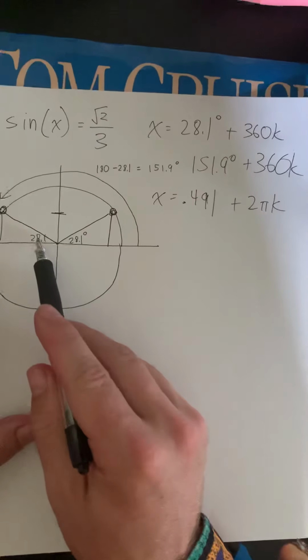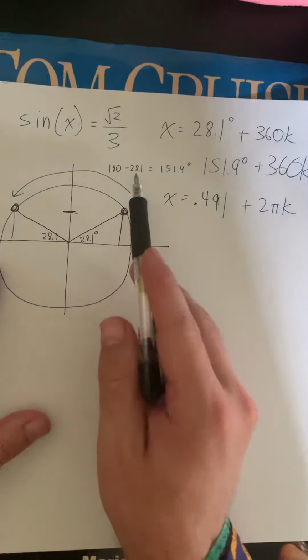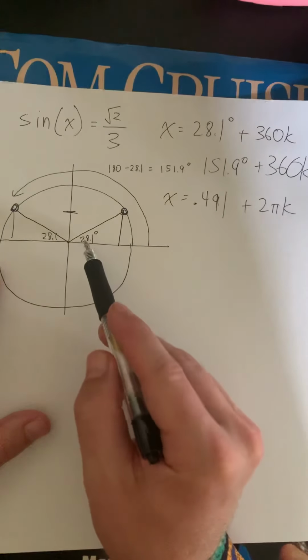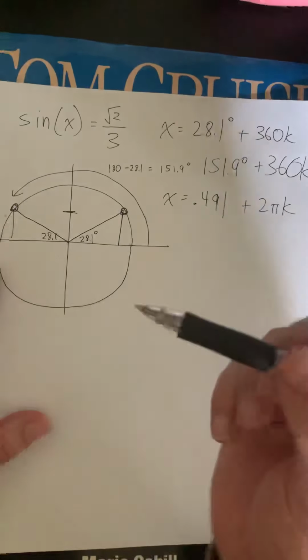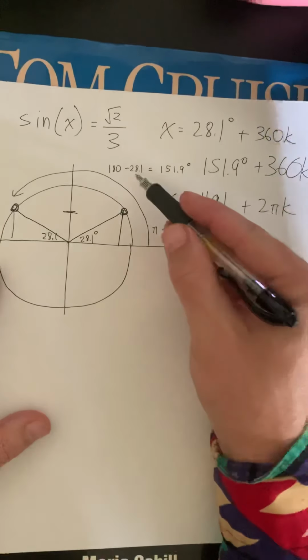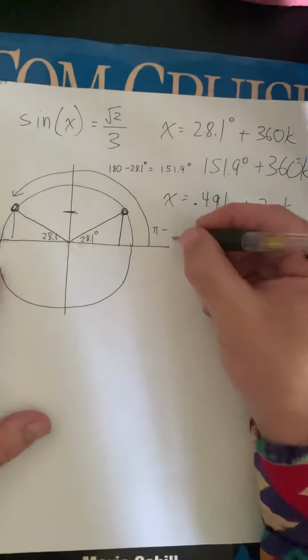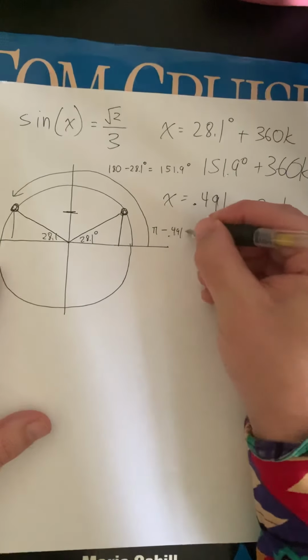So there is our quadrant 1 triangle. How do we figure out this over here in quadrant 2? Well, we do the same thing we just did. For degrees, we said 180 minus this little angle right here. You do the same thing for radians. Not 180, but we're starting off with pi and not 28.1 degrees. Now we're using 0.491 radians.